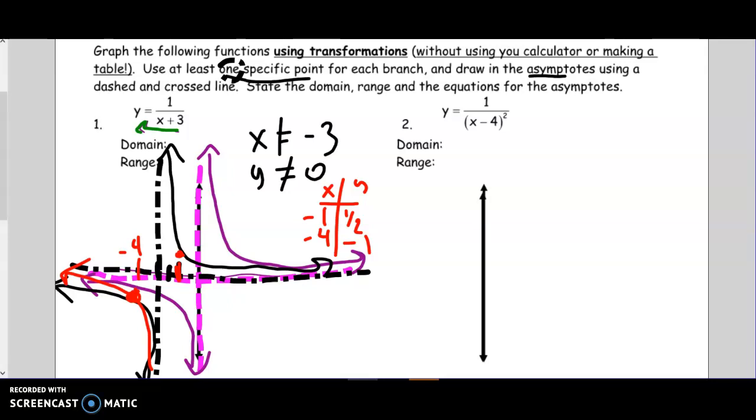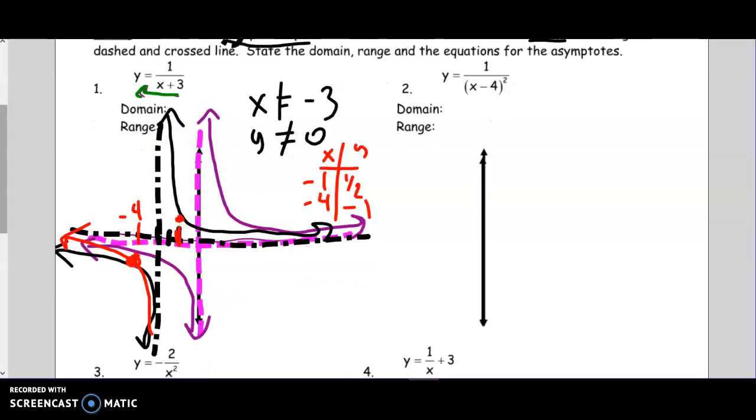All right, example 2. So what do we got here? It's 1 over (x minus 4) squared. So we're going to shift this forward. Our domain: the bottom cannot be 0.